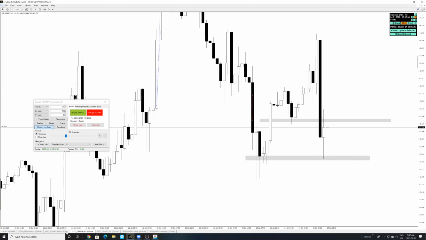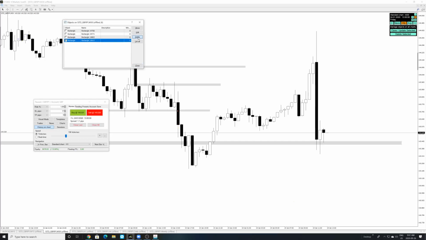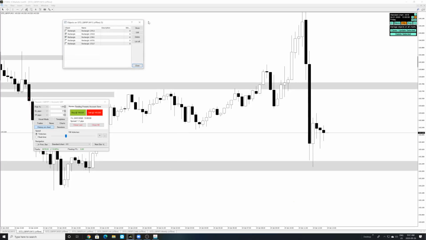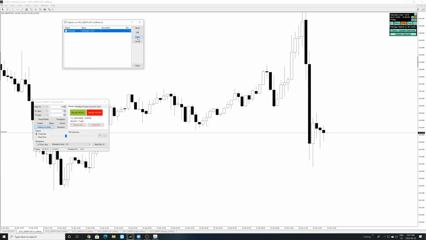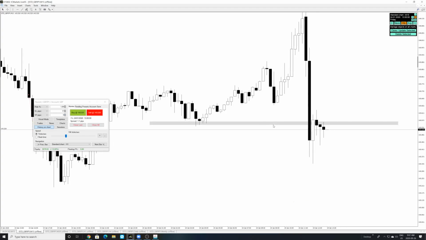Let's clone this over to the 30-minute time frame, but before we do that, we have to remove everything from the 30-minute time frame and remove everything from the 15-minute time frame. Notice how on the 15-minute time frame, the candles give you much more information, because this is a smaller time frame where you see more details.